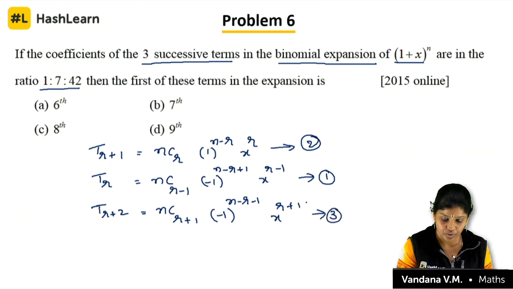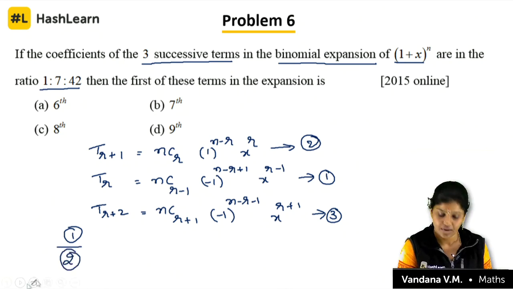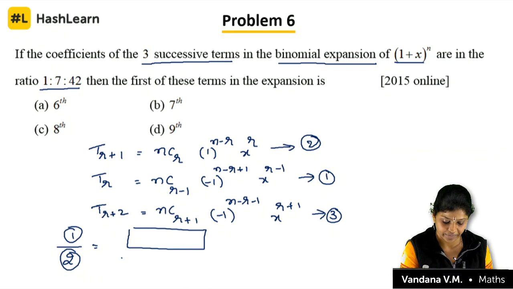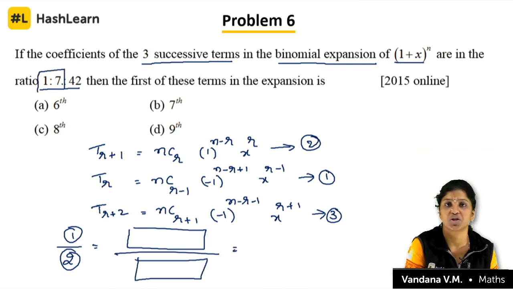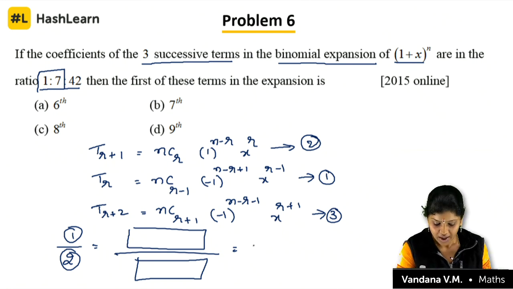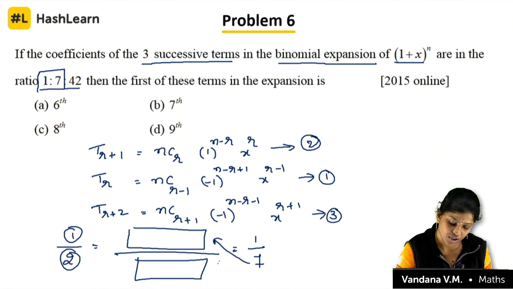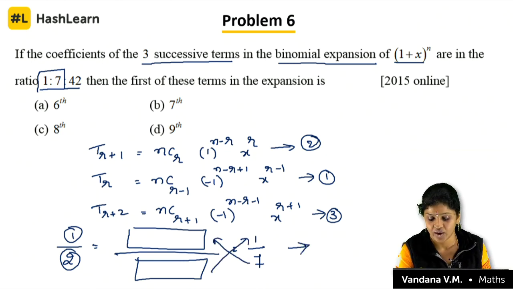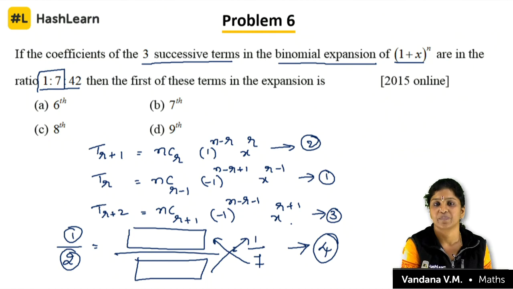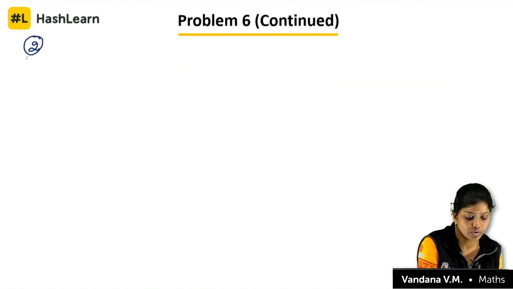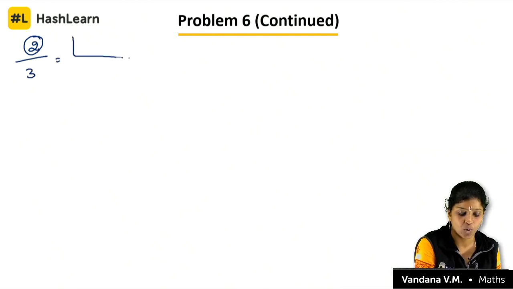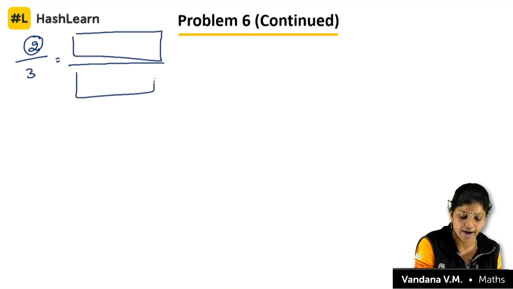Usually how we will do, that is 1 divided by 2 we will take. That whole equation we will write divided by whole equation. And what is the first 2 ratio? 1:7 ratio. We will write it as 1 by 7 and then we will cross multiply. We will get one equation as 4. Next what we will do? We will do 2 divided by 3, the whole equation here also and here also.